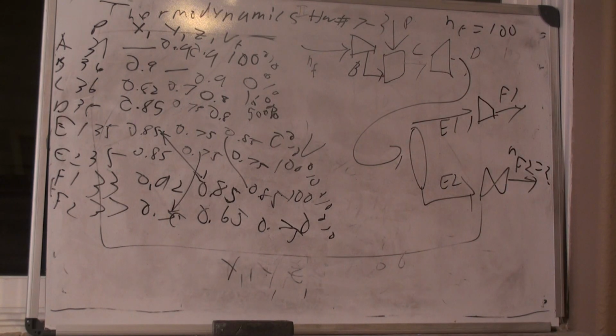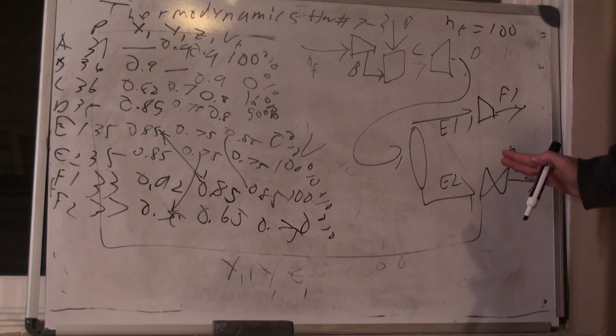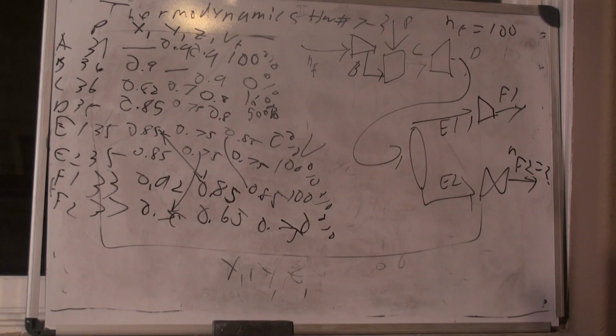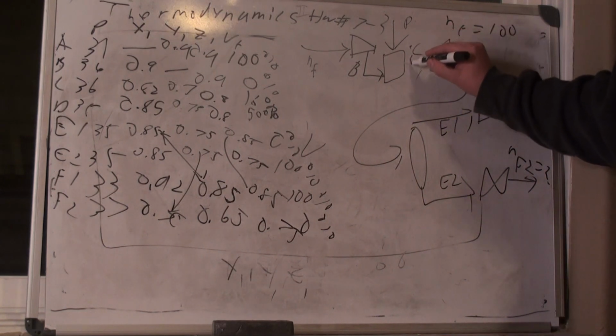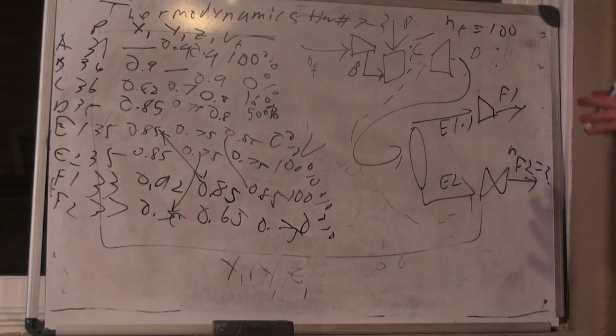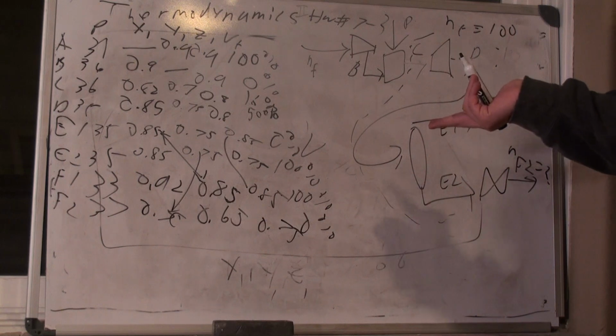So I should first figure out how much P is coming in, because no matter how I draw my boundaries, I'm still not going to know P. If I draw my boundary there, I don't know what C is because I don't know what P is, and so on and so forth.